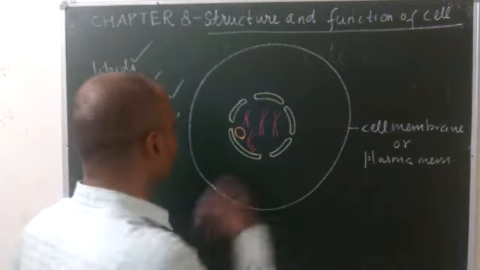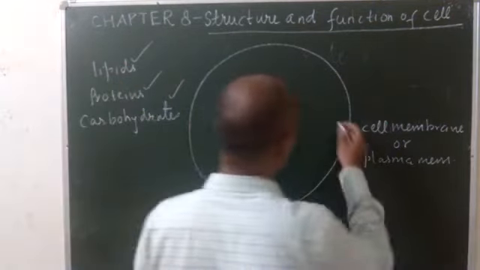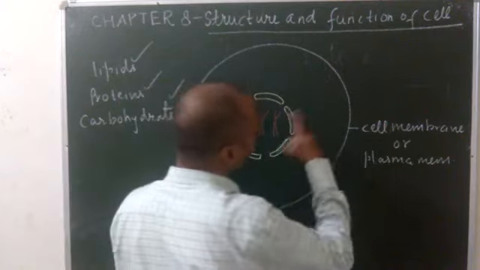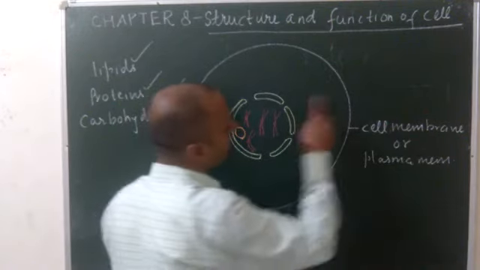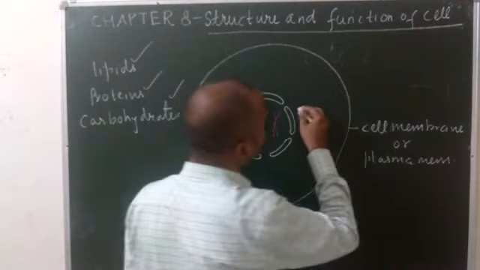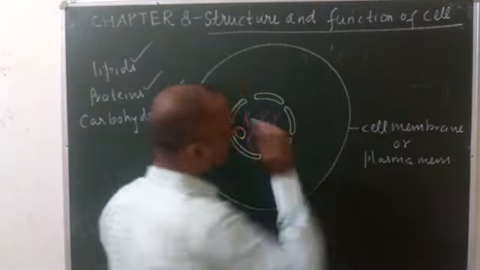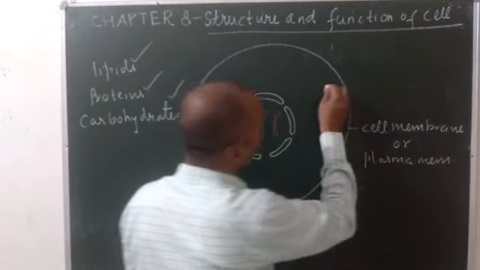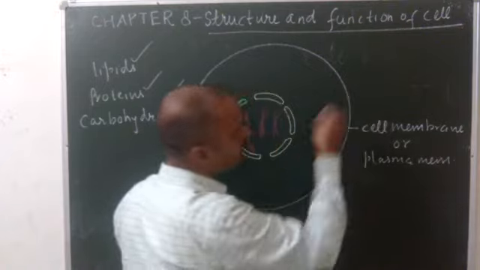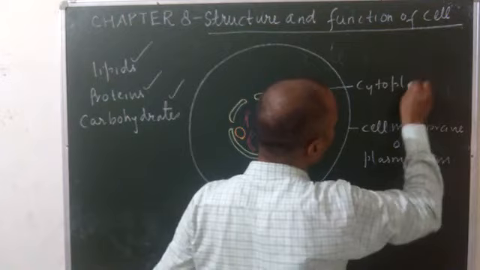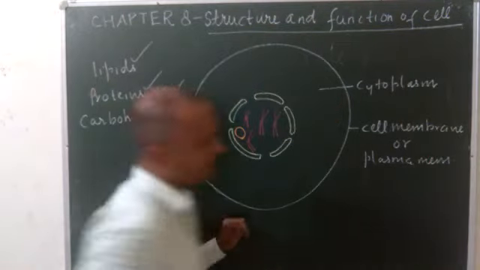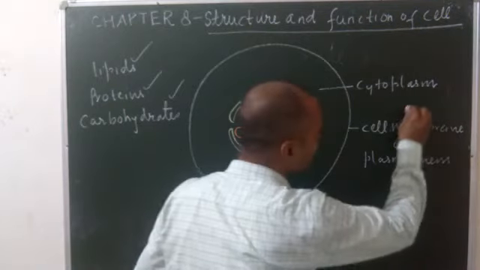Now see, this is the cell membrane, and what is cytoplasm? The fluid that is present between the cell membrane and the nucleus is known as cytoplasm. So this is the first part, cell membrane.